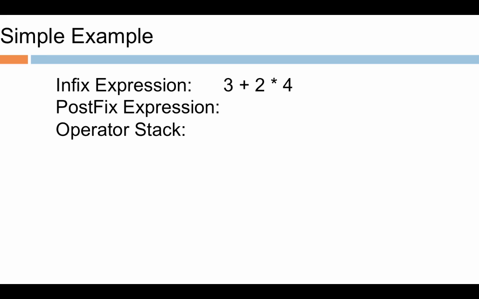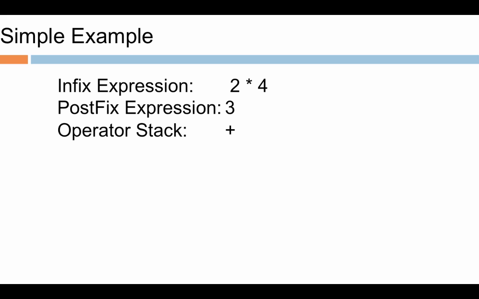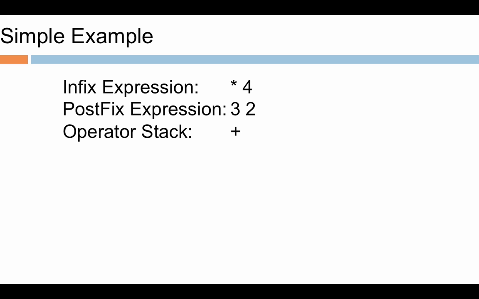So here is the infix expression 3 plus 2 star 4. Let us look at the postfix expression. When the operand comes, we write it into the output postfix expression. Now the operator comes, it is pushed onto the stack. Then another operand comes, we write it into the expression.